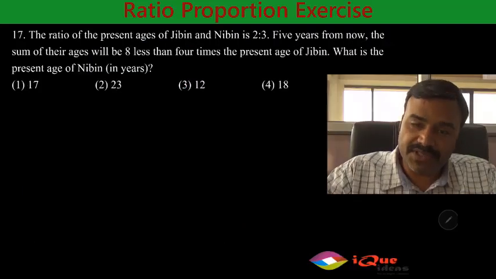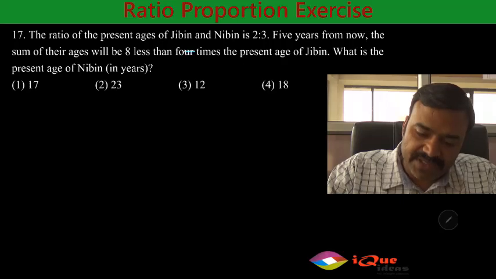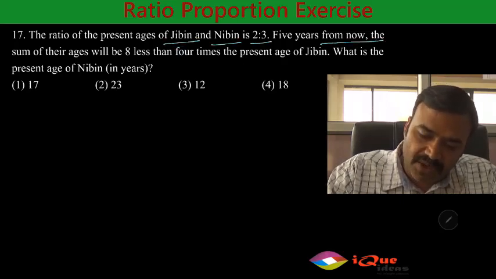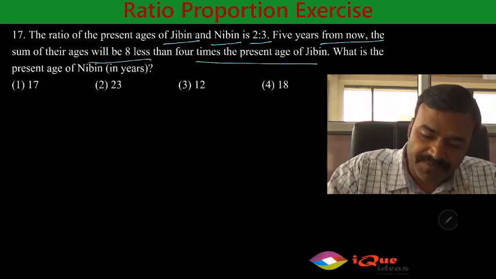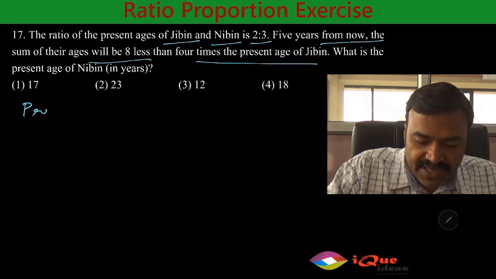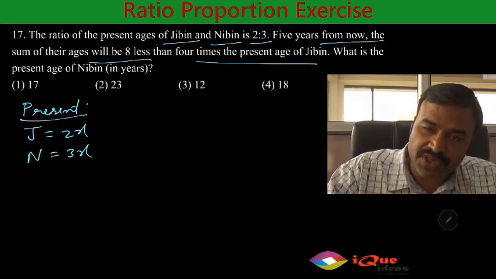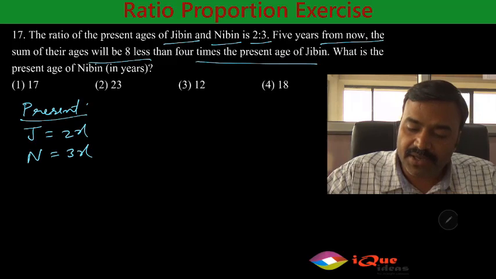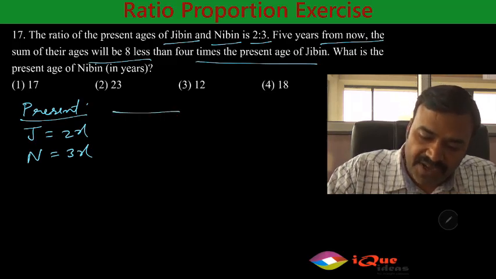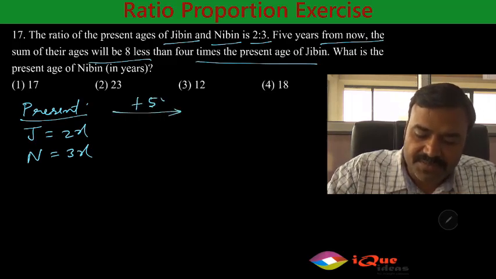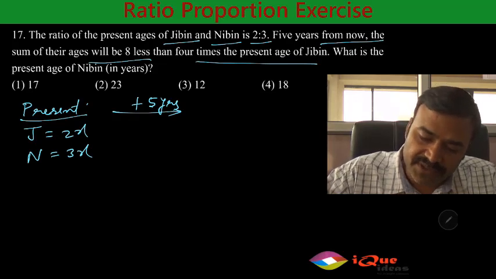Now the next question says, the ratio of present ages of Jibin and Nibin is 2:3. 5 years from now, the sum of their ages will be 8 less than 4 times the present age of Jibin. Perfect. Since the ratio is given 2:3, take Jibin as 2x and Nibin as 3x. Because the ratio is 2:3, we can separate them by taking a new variable. Now 5 years from now, that means plus 5 years, because everybody's age will increase by 5 years.